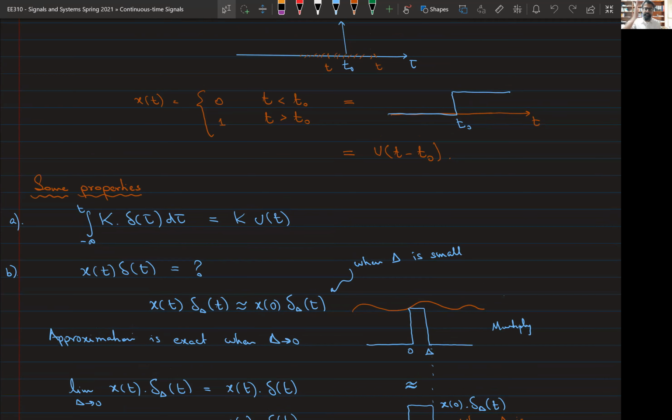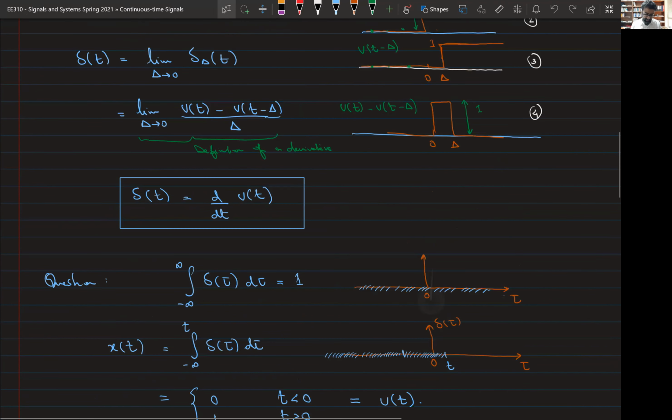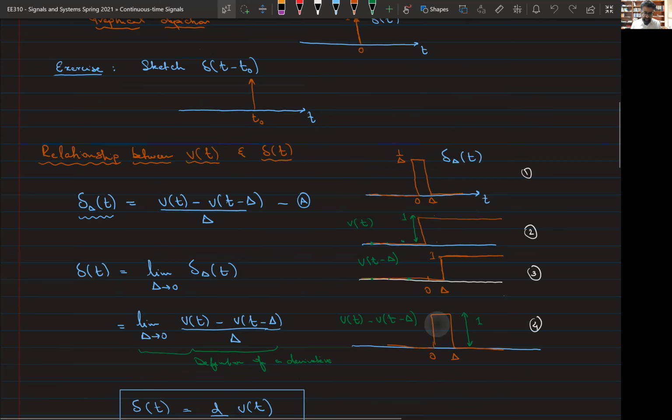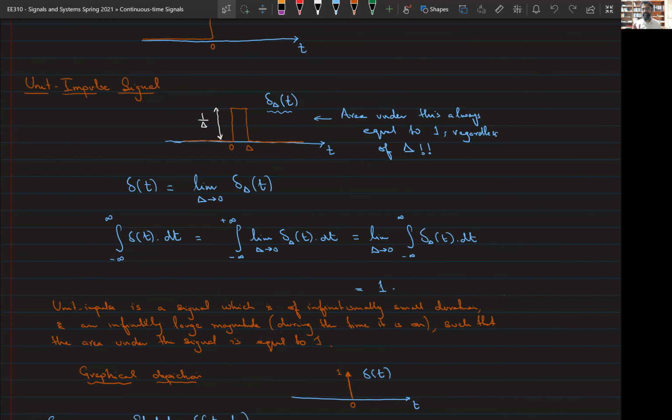It's just a step function that turns on at time t equals 0 and then just stays on with an amplitude equal to 1, right? And then we talked about something called the unit impulse. The unit impulse is a function that just resides at time t equals 0, and it has some specific properties.